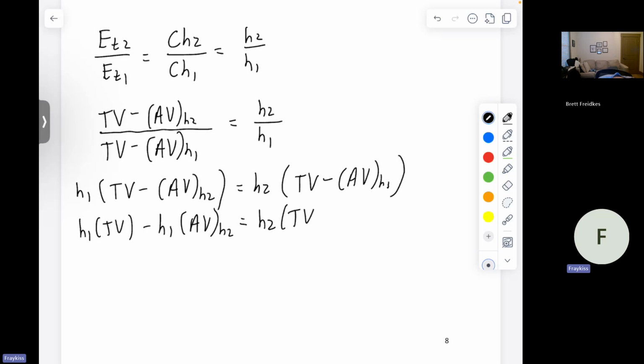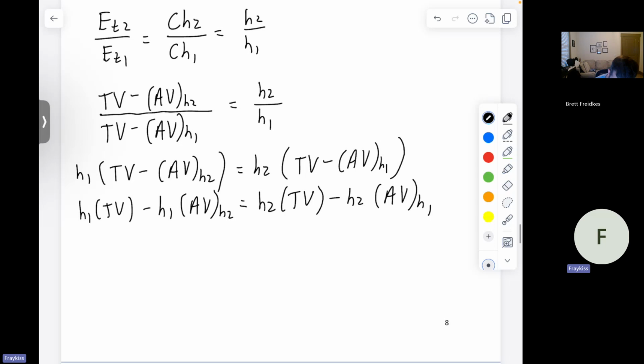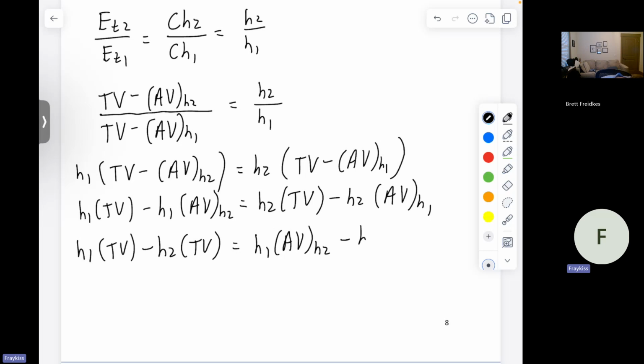I'll get TV times H2 minus H2 times the approximate value at H1. We would like to get the true value terms on one side. So I'll do H1 times the true value minus H2 times the true value. This will be equal to H1 times the approximate value at H2, minus H2 times the approximate value at H1.